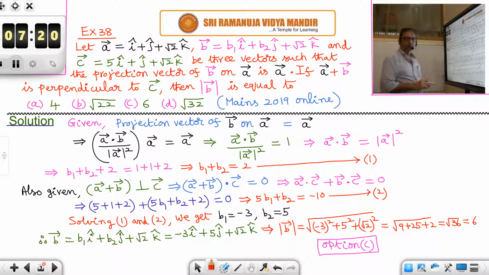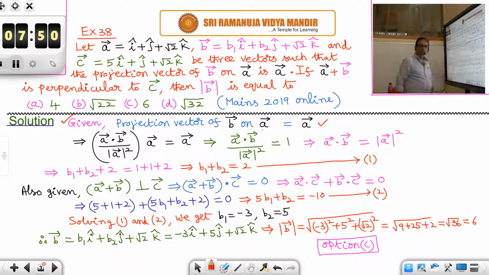b1 b2 must be found, is it not? If you find b1 b2, then the vector b bar is completely known, you can find mod b bar. Okay, so how to find b1 b2 using the information given in the problem? So first information given in the problem is projection of b bar on a bar is a bar. So it is written here, given projection vector of b bar on a bar is equal to a bar, that is given.